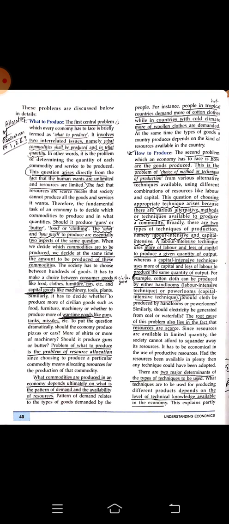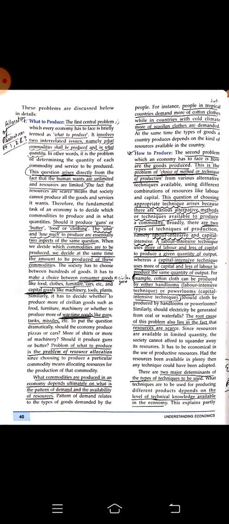Suppose people in tropical countries have a hot climate, so they will demand more cotton clothes, while countries with a cold climate will always demand woolen clothes. So tropical countries can decide to produce more cotton clothes and less woolen clothes, whereas countries with a cold climate can produce more woolen clothes and fewer cotton clothes.